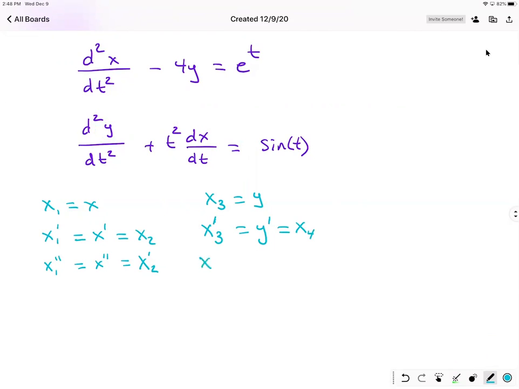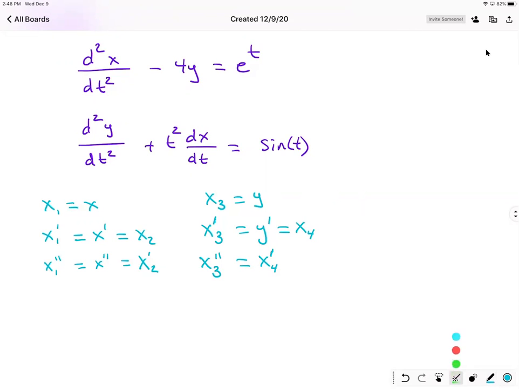Then the second derivative of x3 is equal to the first derivative of x4, and we can just leave it there because that's all we need. We don't need to write the next one down. We don't need an x5, because we could write x5, but it would be a waste.